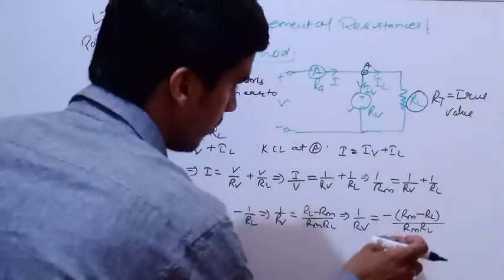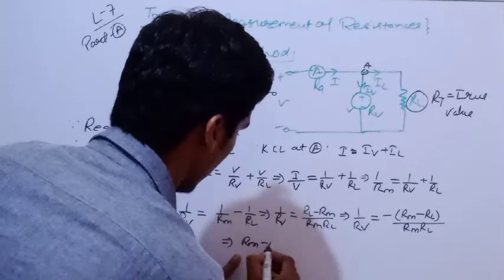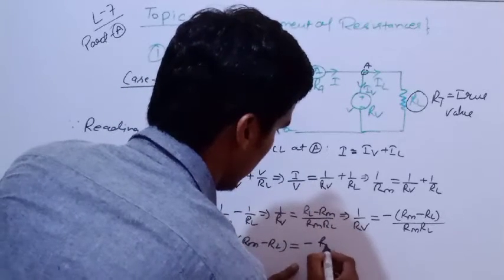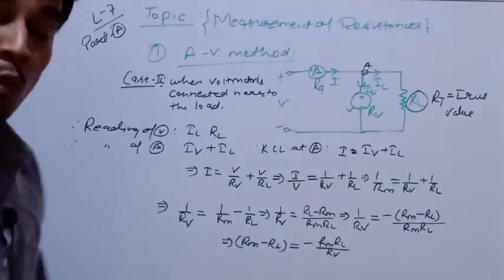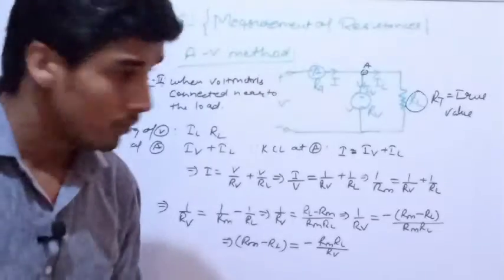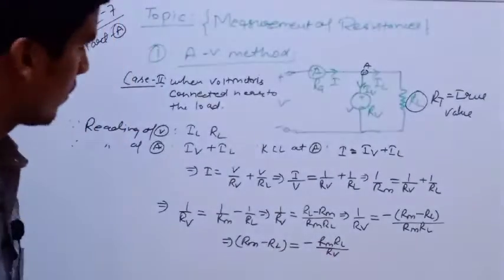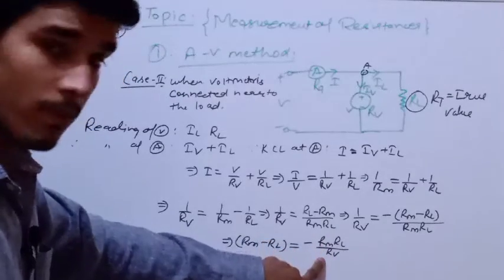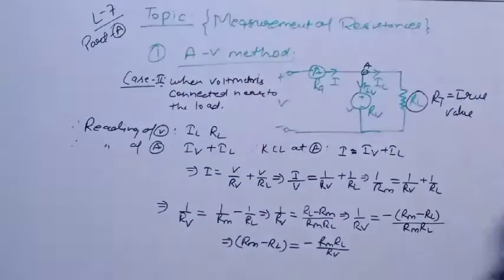So this term will be equivalent to minus (RM minus RL) upon RM RL, which will be equivalent to minus RM RL upon RV. And you also know that we are actually covering low resistance values, so the RM value may be somewhat equivalent to RV.